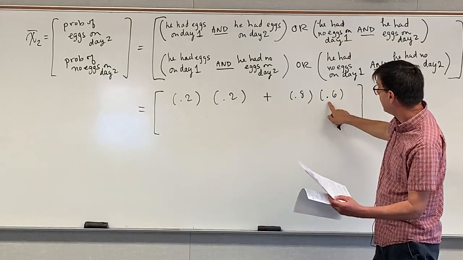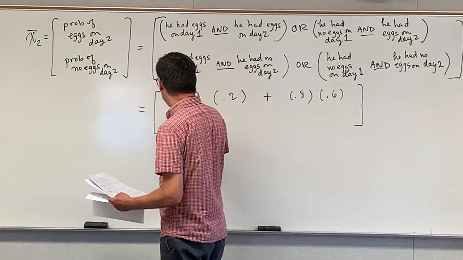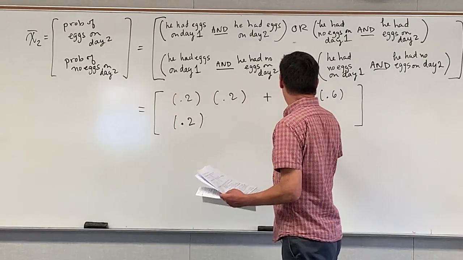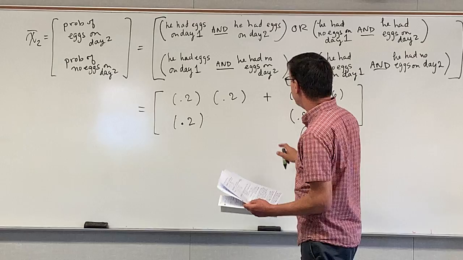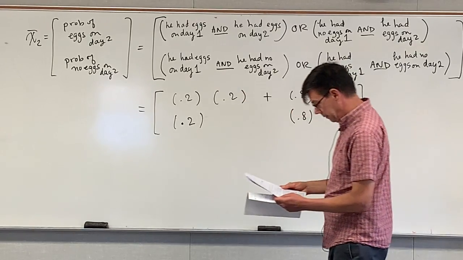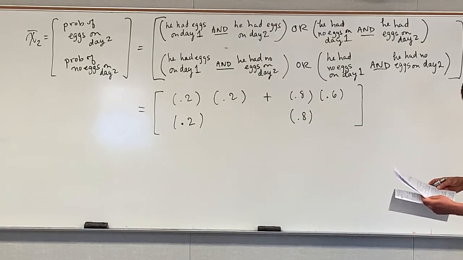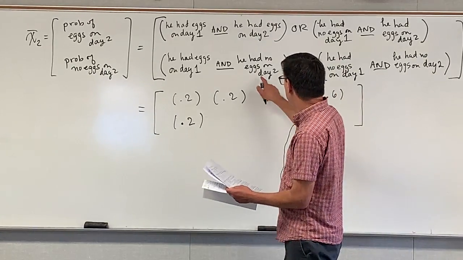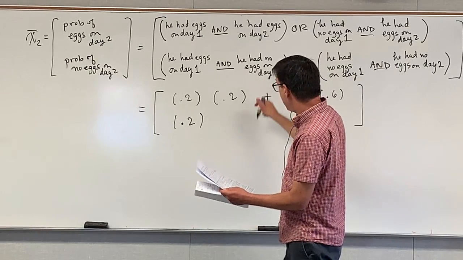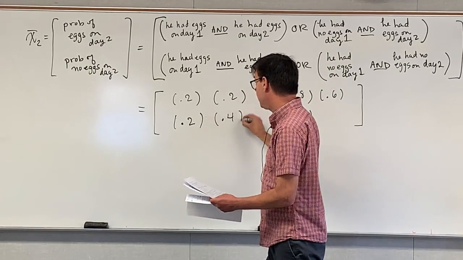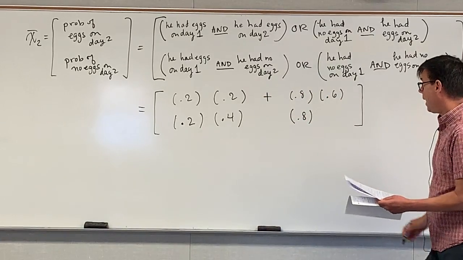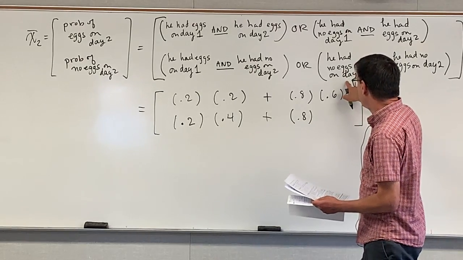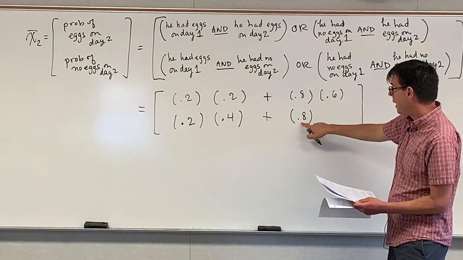Yeah, thank you, Helena. If he had eggs on day 1, again, that's 0.2. If he had no eggs on day 1, those stay the same. But if he had eggs on day 1, then the probability that he has no eggs on the day after is 0.4. And if he has no eggs on day 1, again, that's still our 0.8.